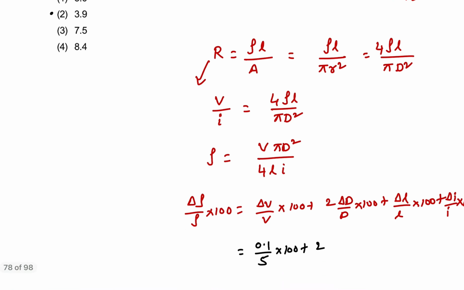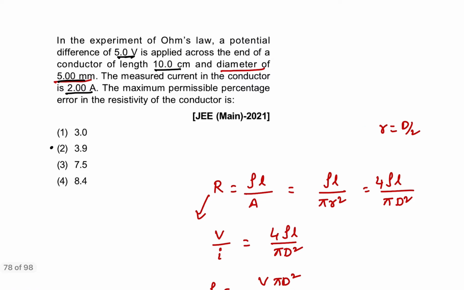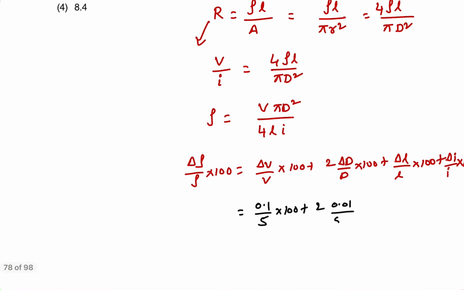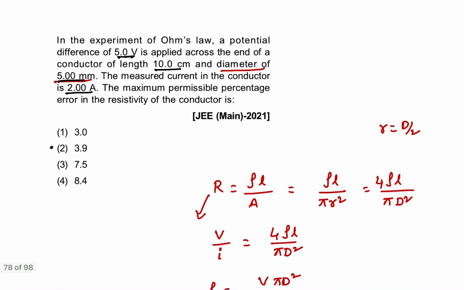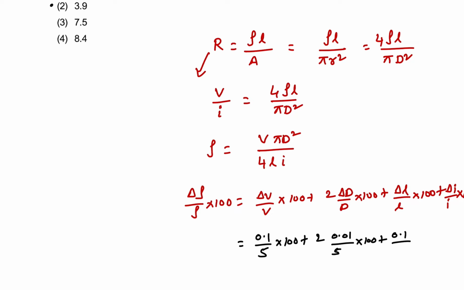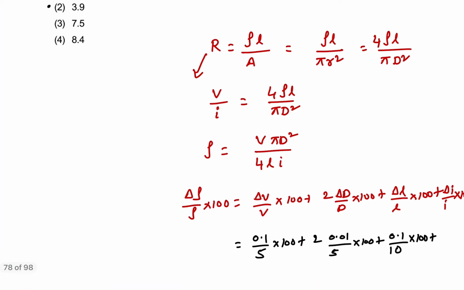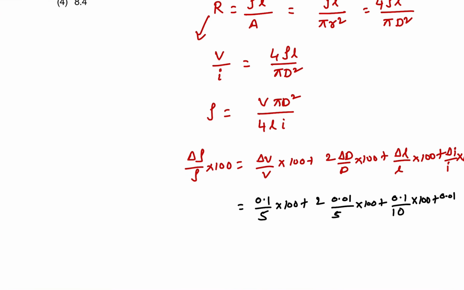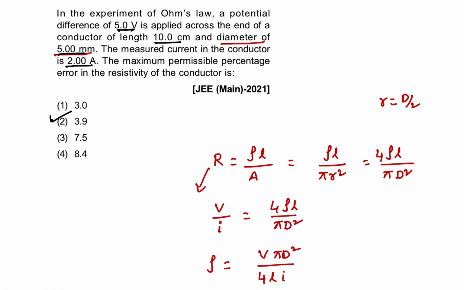You substitute: delta V value is 0.1 divided by 5 into 100, plus 2 into delta D value 0.01 divided by 5.00 into 100, plus delta L by L, which is 0.1 divided by 10 into 100, plus delta I by I, which is 0.01 divided by 2 into 100.